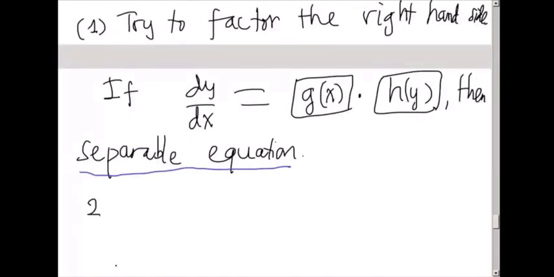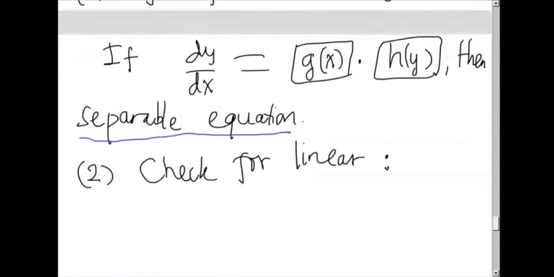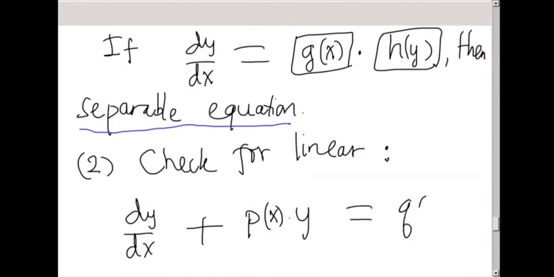Second step, if it's not separable, then we check for linear equation. Is it a linear equation? How do we know? Try to rewrite the equation in the form dy dx plus p of x y equal to q of x.